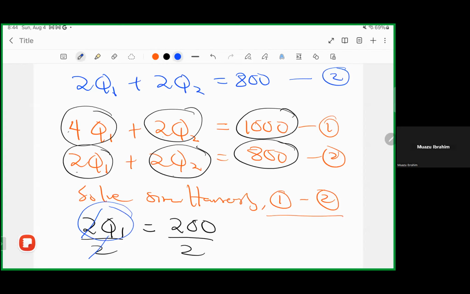And 1,000 minus 800 is 200. So we have 2Q1 equals 200, and if you divide, that is why we have it.